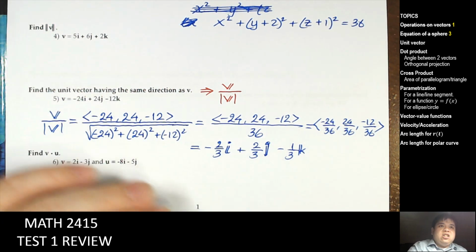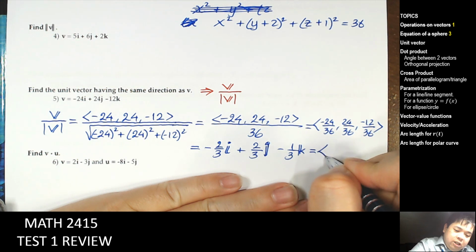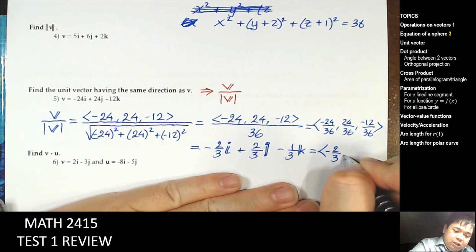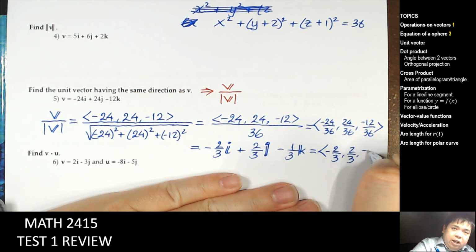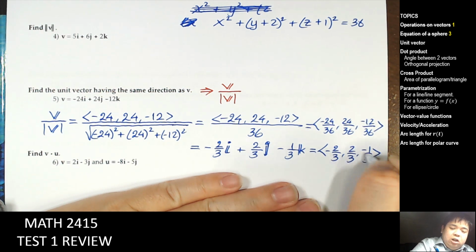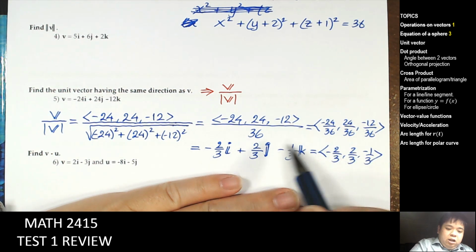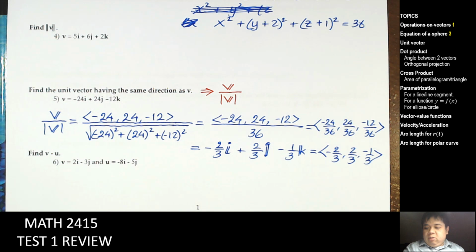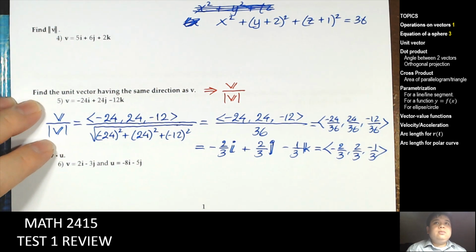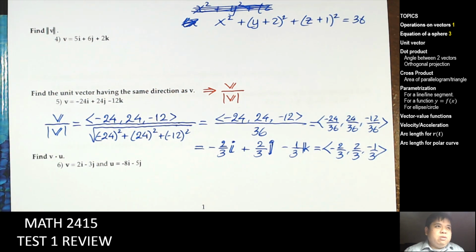We can leave the answer in ijk, or we just have negative 2/3, 2/3, and negative 1/3, either in the components form or in the ijk form. Right. So that is the unit vector in direction of another vector.